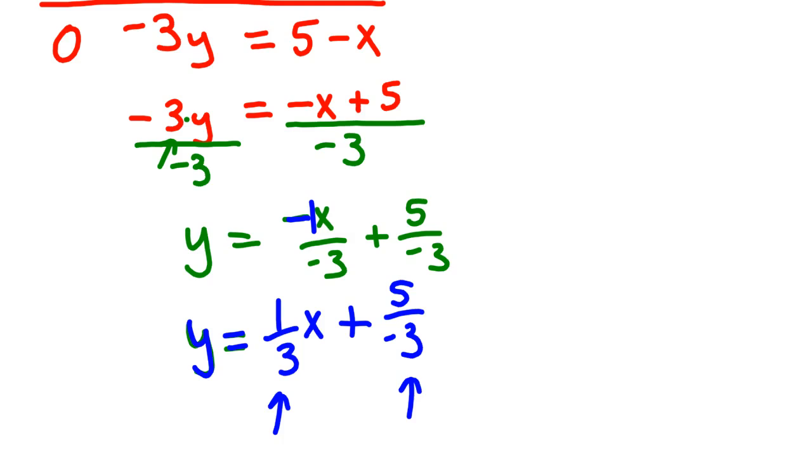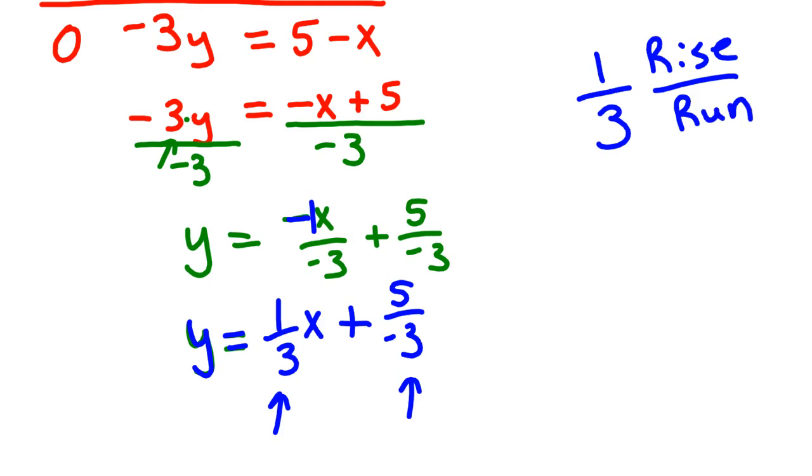So the slope of my equation is it rises 1 and it runs 3. Now, hopefully you understand that perpendicular slope, so this rises 1 and it runs 3. That's the definition of slope, rise over run.